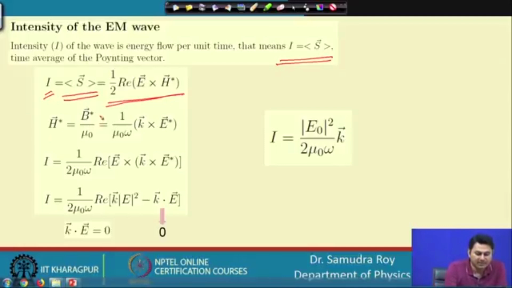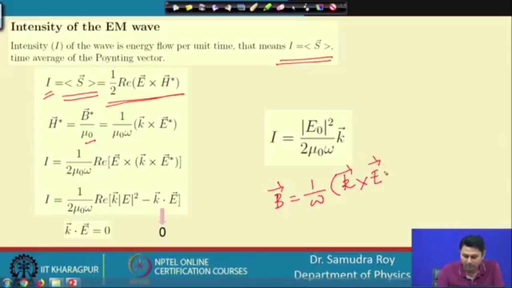Now, H star is B star divided by mu, and if I write B in terms of E and k, which we have done in our previous calculation, B was, if you remember, 1 divided by omega into k cross E. That was the direction of vector B. Now if I make a B star of that, we put a star here and we have to put a star on E here.